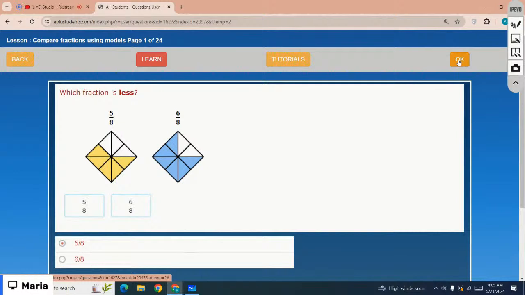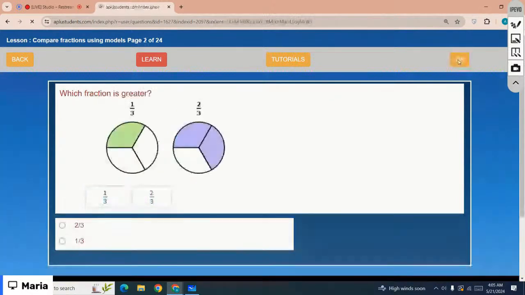Which fraction is greater, 1 by 3, 2 by 3? Which is the correct option? The correct option is 2 by 3, which is greater than 1 by 3, right?